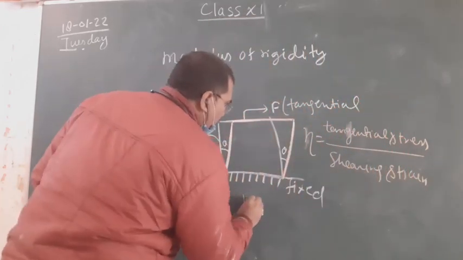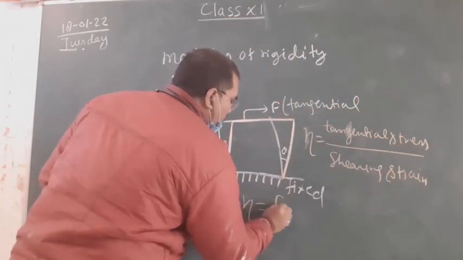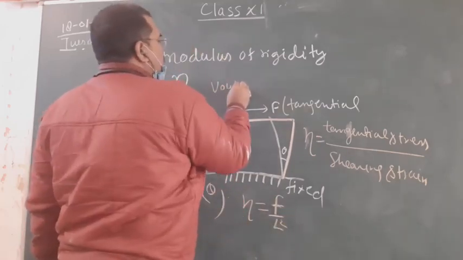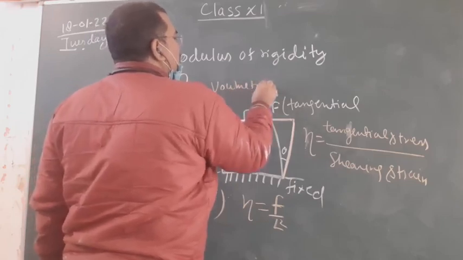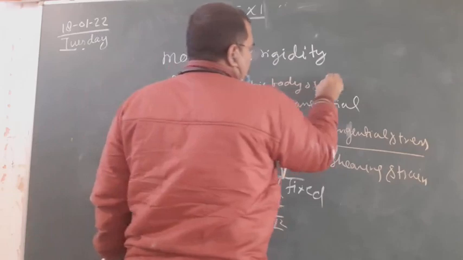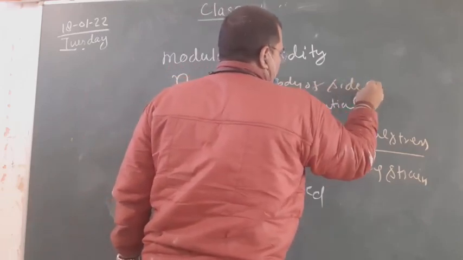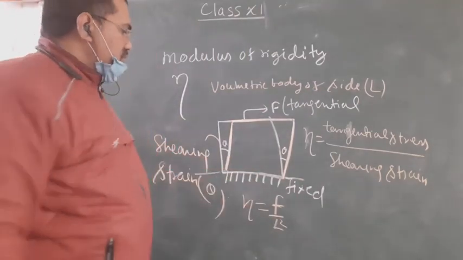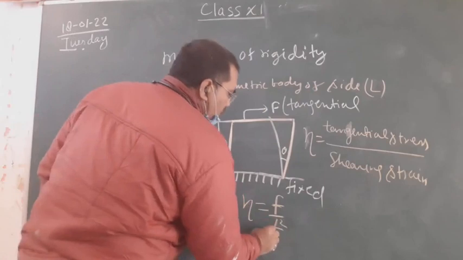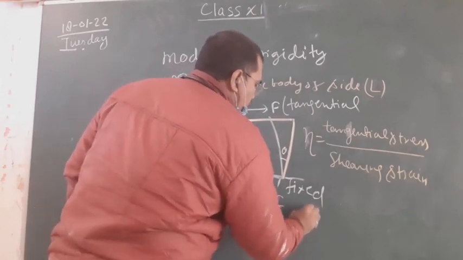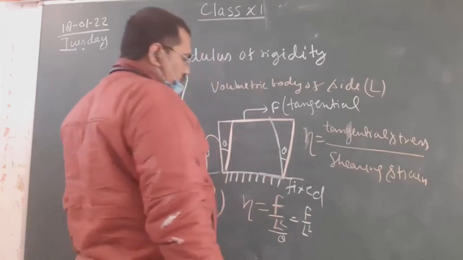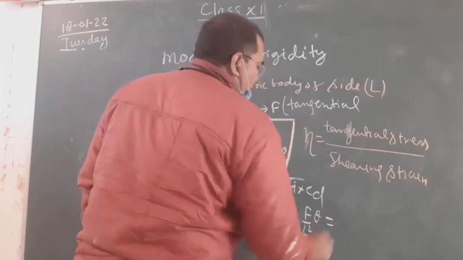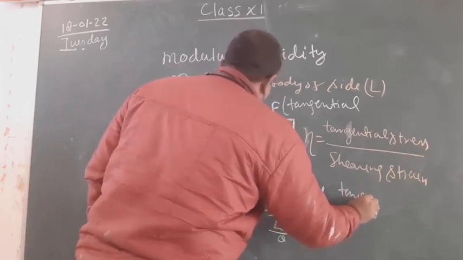So eta will be tangential stress, equal to force upon area, L square, since a volumetric body of side L is taken. So area will be L square, force upon area upon theta, that is force upon area into theta, and theta equals tan theta.